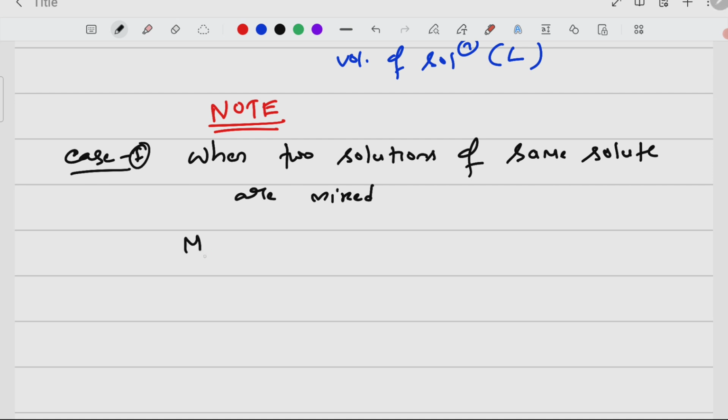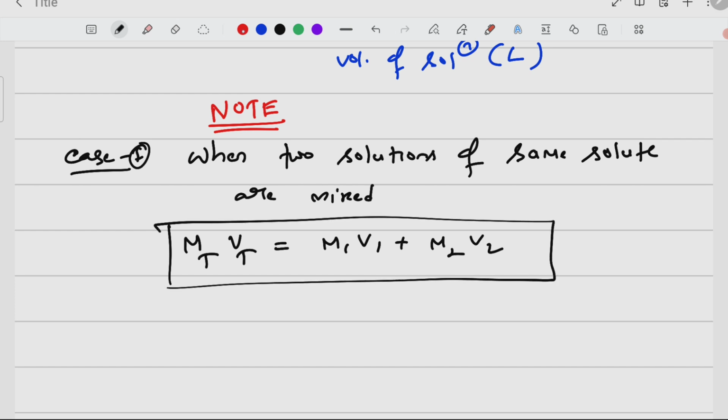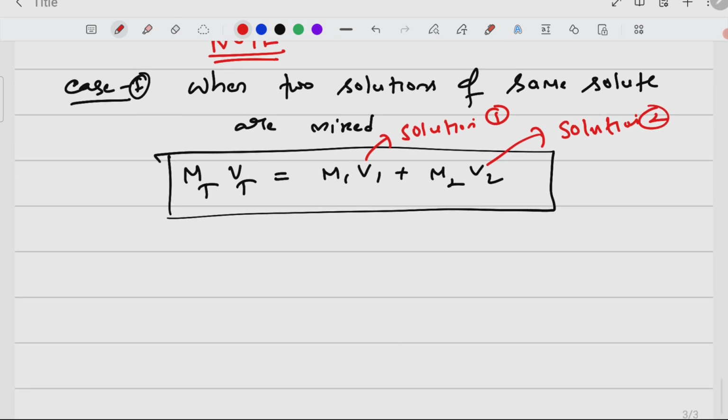New molarity, or total molarity, times total volume is equal to m1 v1 plus m2 v2. Here, think that it is for solution 1, and it is for solution 2. Of the same solute, if we mix, the resultant solution molarity and volume we calculate by using this formula.